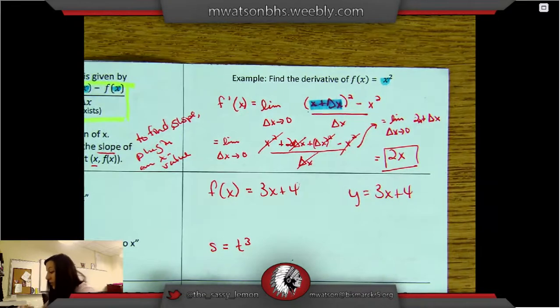And at that point, you can plug in any x value and find the slope at that point. So yesterday our example was at (2, 4), so we plugged in 2 and we got a slope of 4. If you wanted to know the slope at the point where x value is -12, then you would plug in -12 and the slope would be -24. So that's how a derivative works.